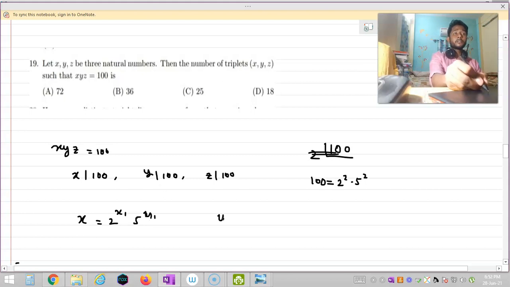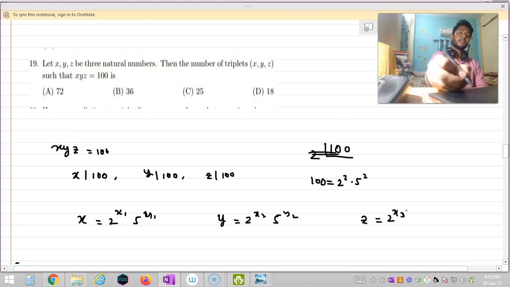The prime factorization of y looks like 2 to the power x2 and 5 to the power y2, and of z looks like z equals 2 to the power x3 and 5 to the power y3. I am going to put these values in this equation.